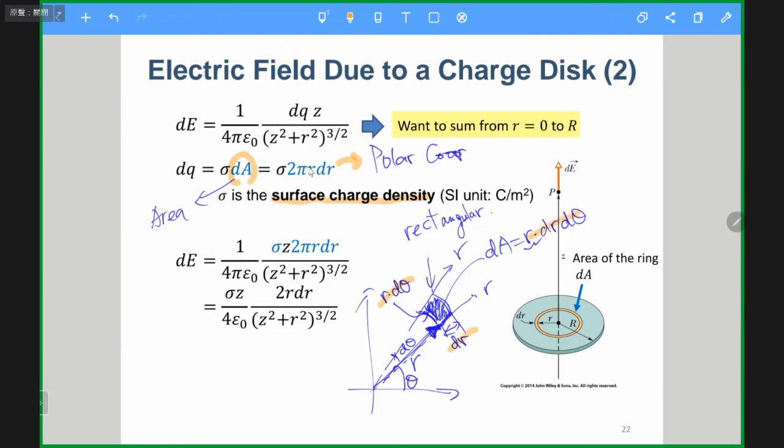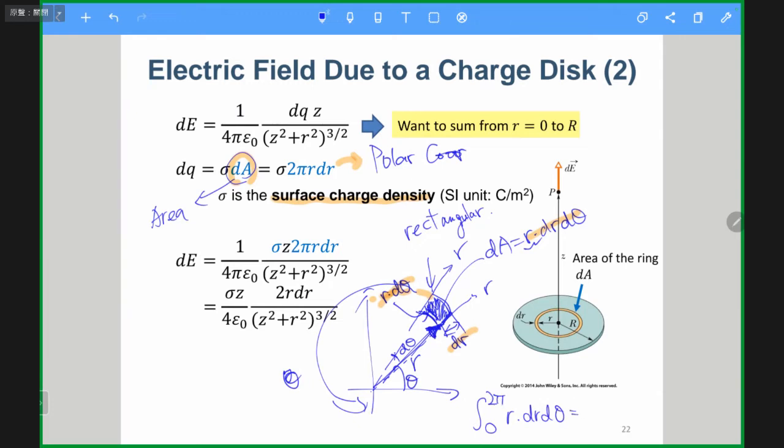But here, this is 2 pi r dr, which means that we integrate theta from 0 to 2 pi for the whole circle. So this dA will be r dr d theta, integrated from 0 to 2 pi.